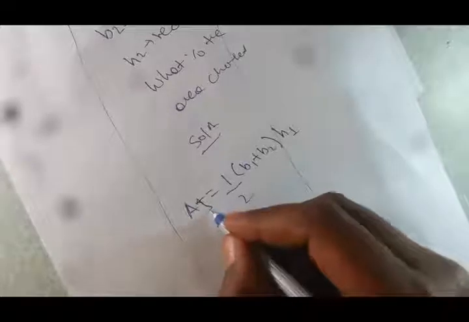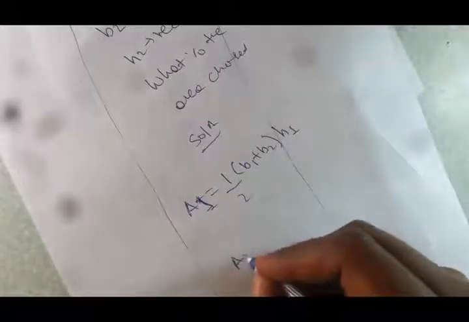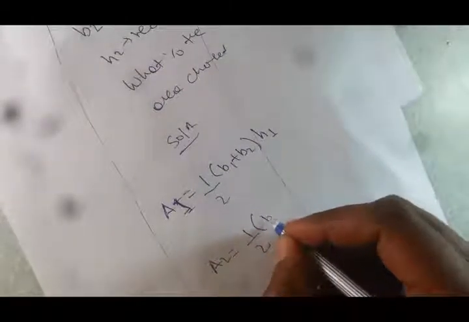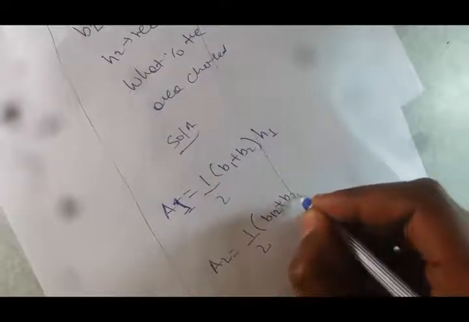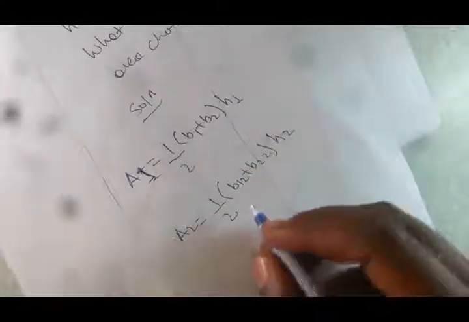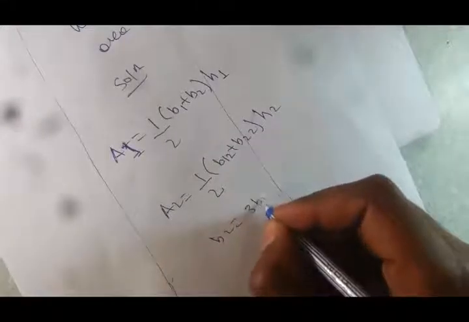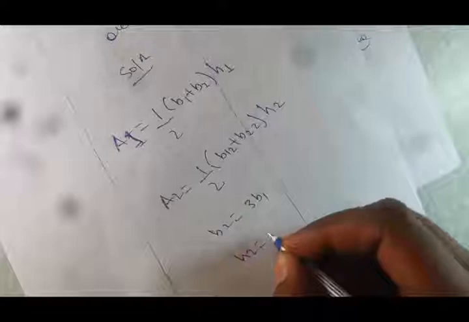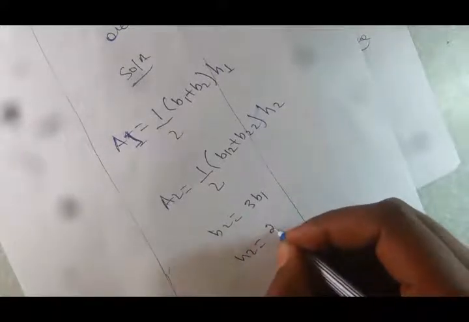This is A1, and A2 is given by 1 over 2 times (B1 plus B2) times H2, and we are given B2 is equal to 3 times B1, and we are given H2 is reduced by 25%. Let's talk about this.